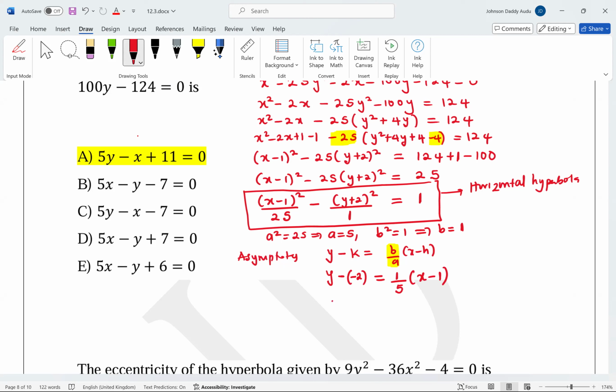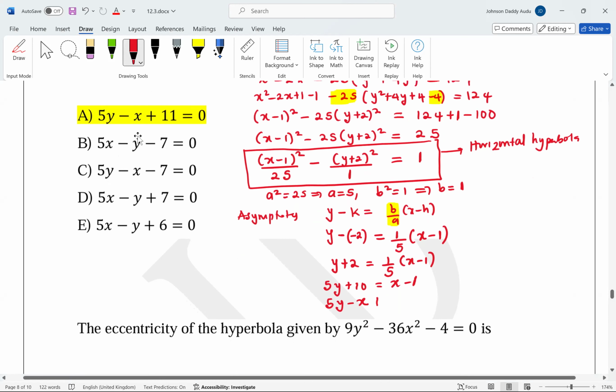So here will give us y plus 2 equals 1 over 5 times x minus 1. If you multiply both sides by 5, you'll have 5y plus 10 equals x minus 1. Rewriting this, you will have 5y minus x plus 11 equals 0.